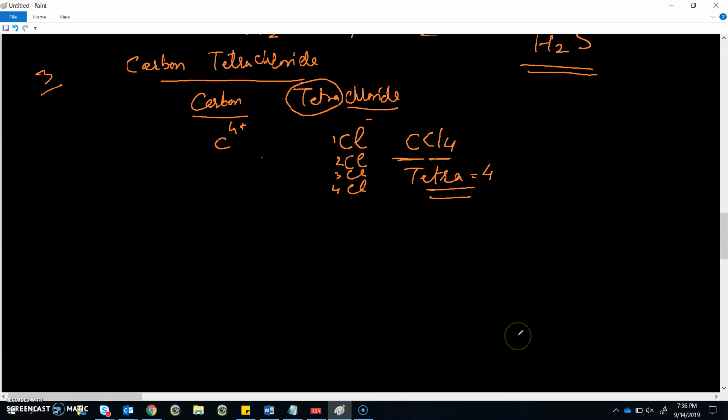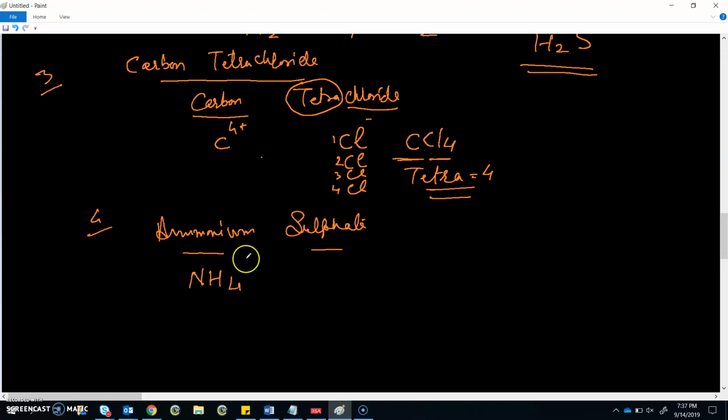Next example is we can take ammonium sulfate. Again ammonium and sulfate. Ammonium is NH4 plus 1 and sulfate is SO4.